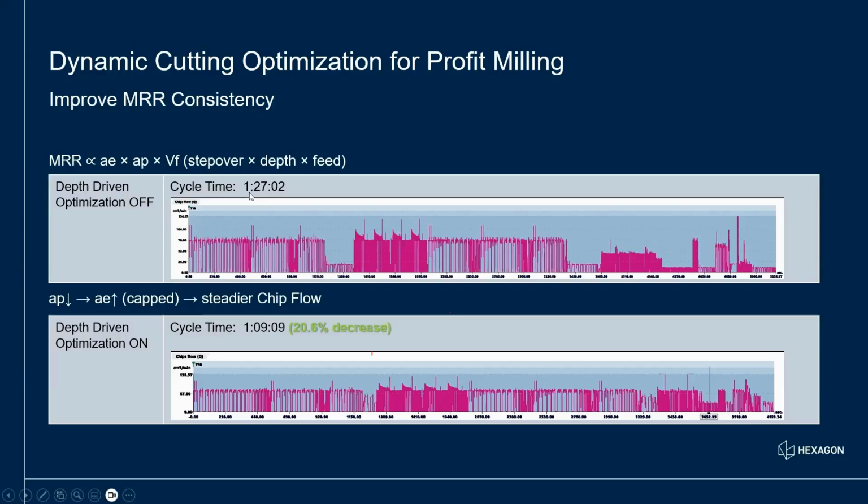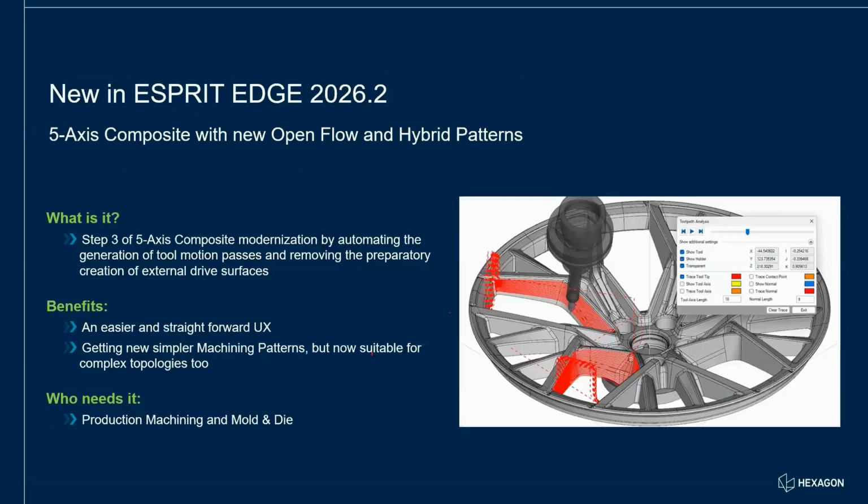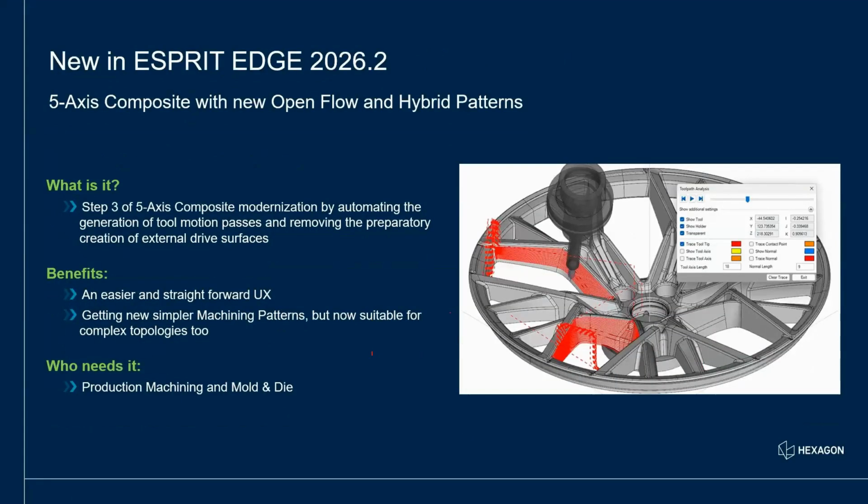But when dynamic cutting optimization is on, the cycle time is drastically reduced by 20.6%, to 1 hour 9 minutes. These are some benefits we can get with the latest feature introduction of ESPRIT EDGE. And the same way for this 5-axis composite with the new open flow and hybrid buttons.